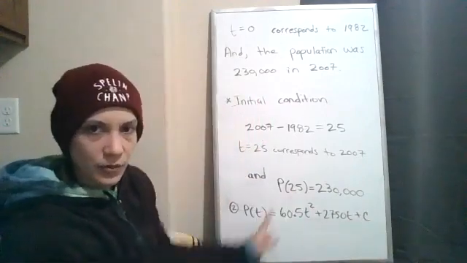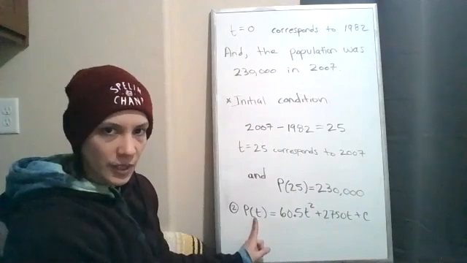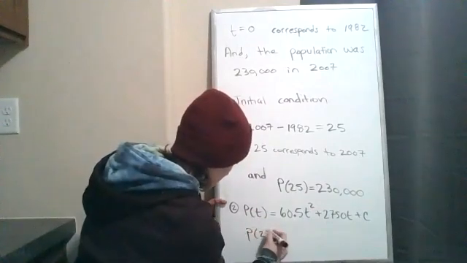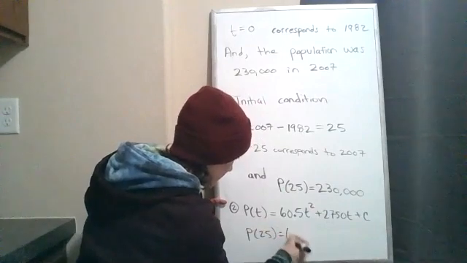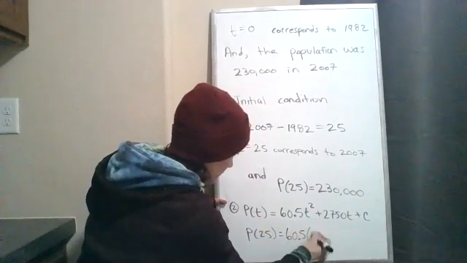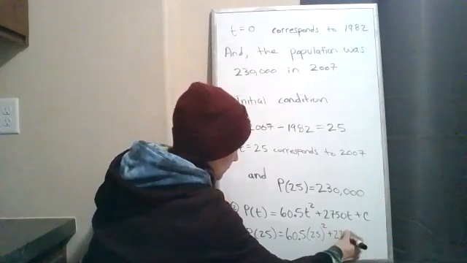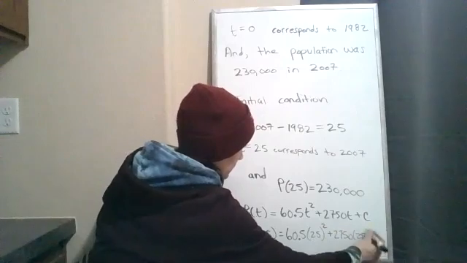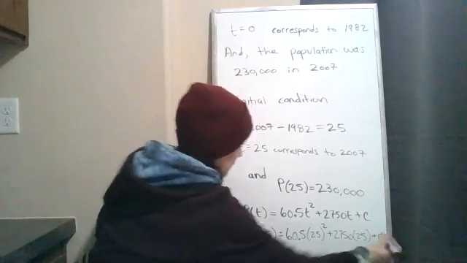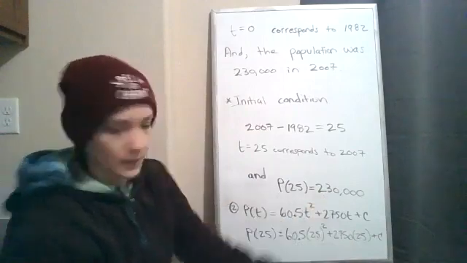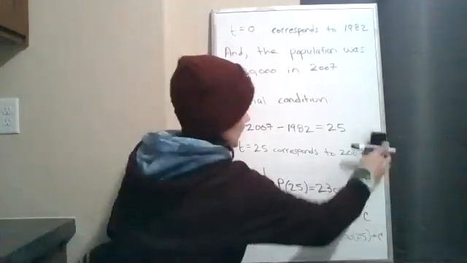We're going to put in 25 through this general solution and replace P of 25 with that value, 230,000.